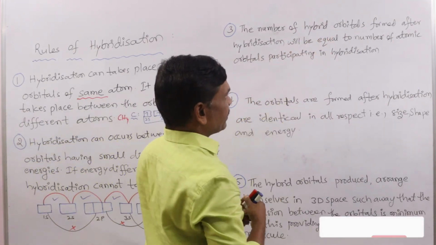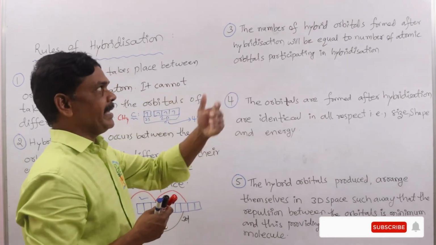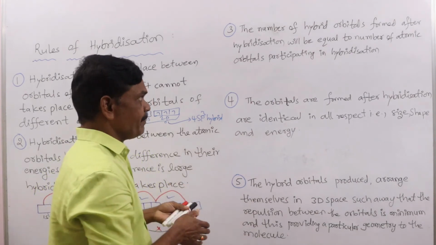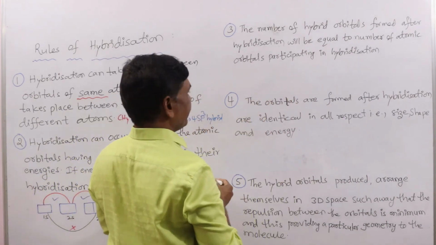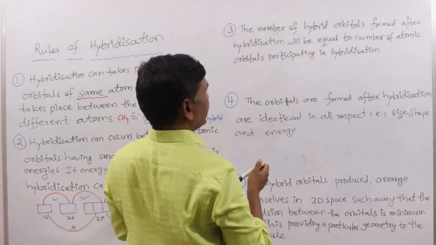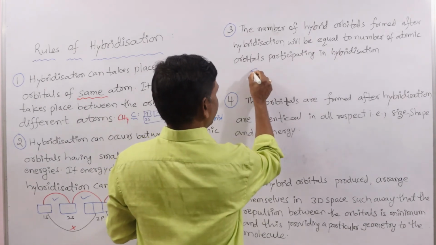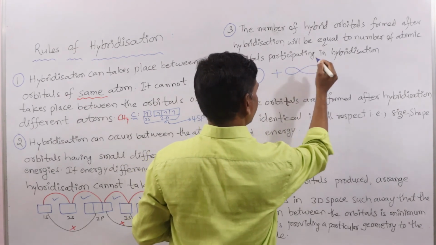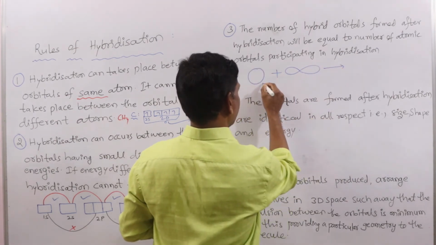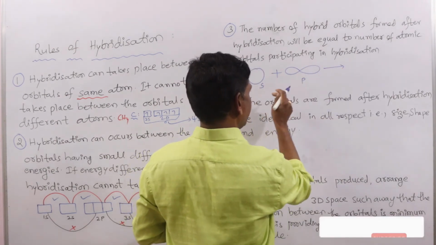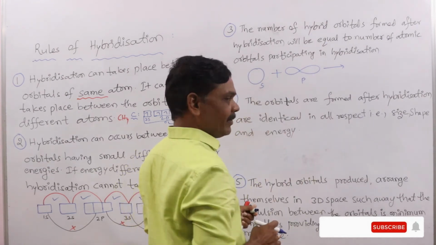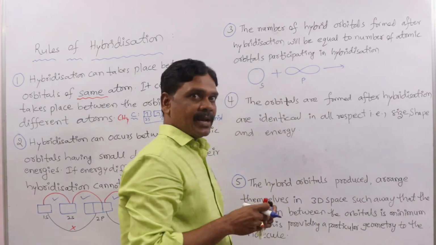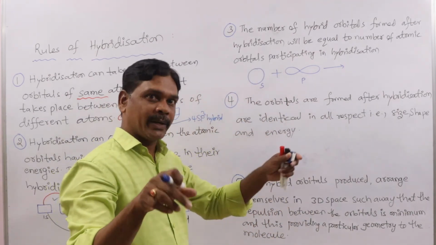The number of hybrid orbitals formed after hybridization will be equal to the number of atomic orbitals participating in hybridization. This is very important. Here I am taking one s orbital and one p orbital. This is the s orbital, this is the p orbital. So 2 are involved, and the hybridized orbitals should be 2.